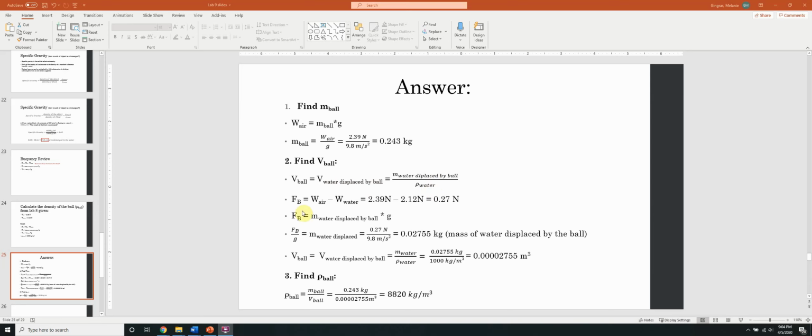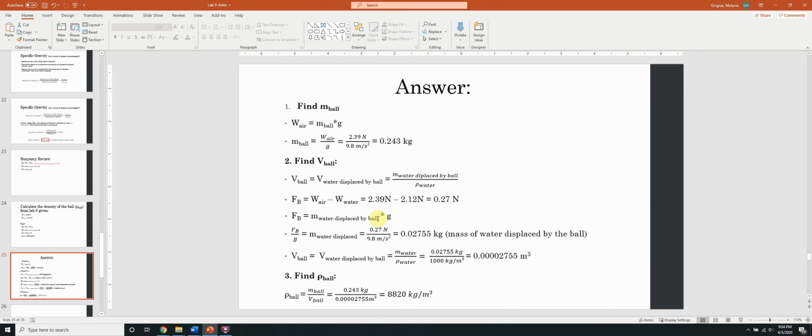We also know that the buoyancy force is equal to our weight in air minus our weight in water. So that's 2.39 newtons minus 2.12 newtons, which equals 0.27 newtons. The definition of buoyancy force is the mass of the water displaced by the ball times gravity.